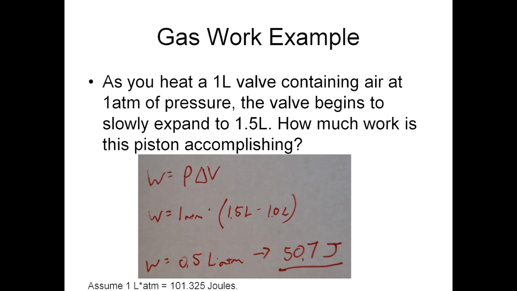So, formula's pretty straightforward. It's just a few things to subtract and multiply. There's another caveat to be aware of, though, and it's that you'll have to pay attention to what units you're plugging into the formula, and that will affect which unit you get out of the formula. Liters and atmospheres are valid metric units of volume and pressure.